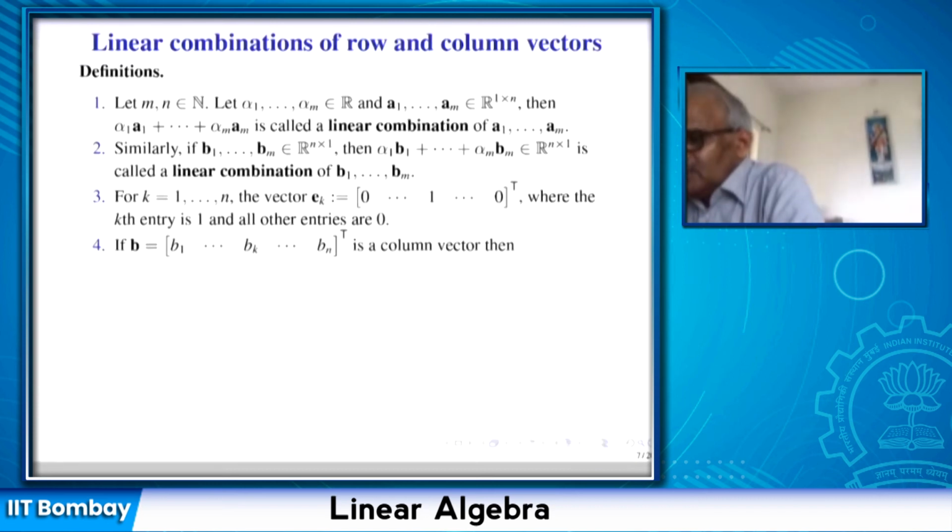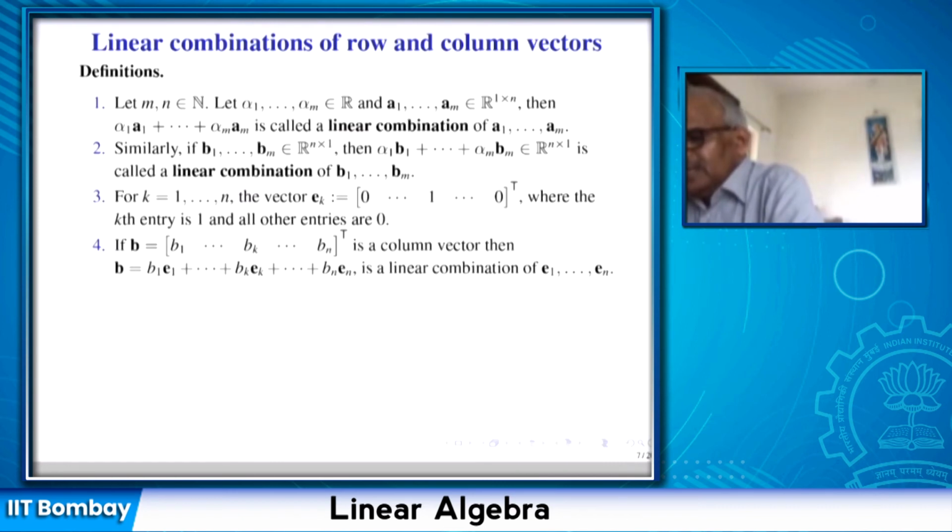So if I have this column vector with components b1, b2, bn, you can check very easily that it is a linear combination of these n column vectors e1, e2, en with scalars as the entries of the column vector. So b is equal to b1 e1 plus bk ek plus bn en. So this is a linear combination.